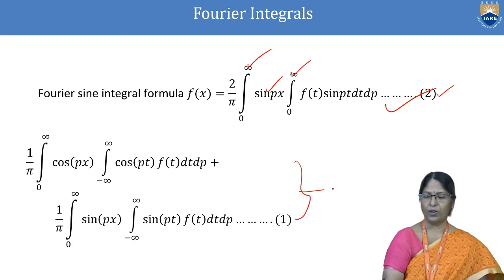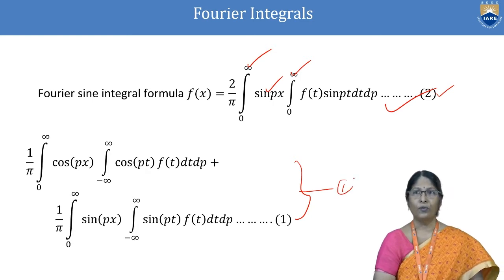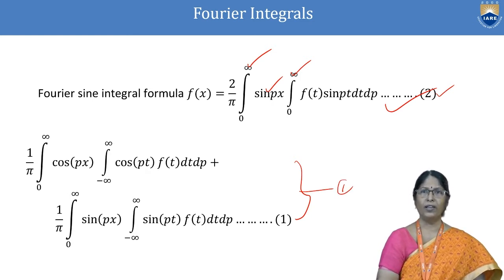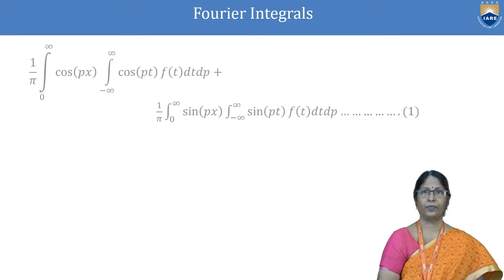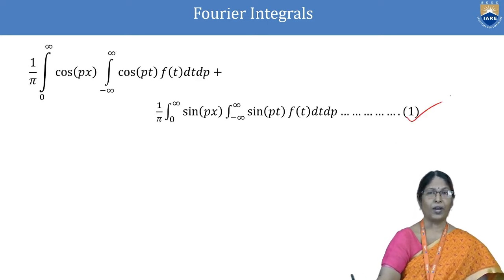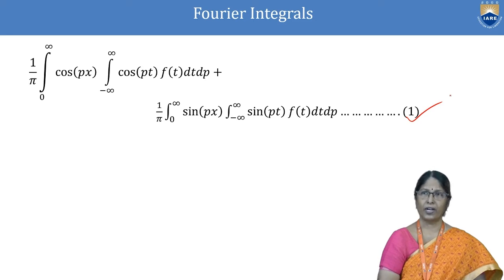Now this equation 1, we know, is the Fourier integral formula, from which we will now derive the Fourier cosine integral formula. So we have taken the Fourier integral formula here.